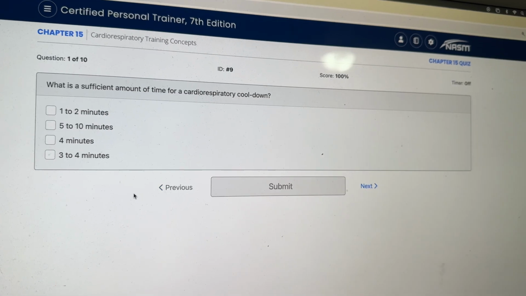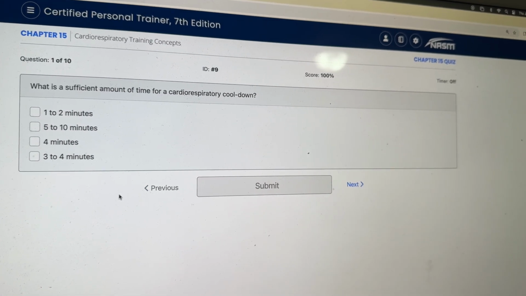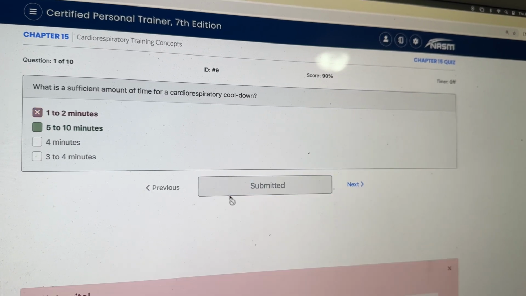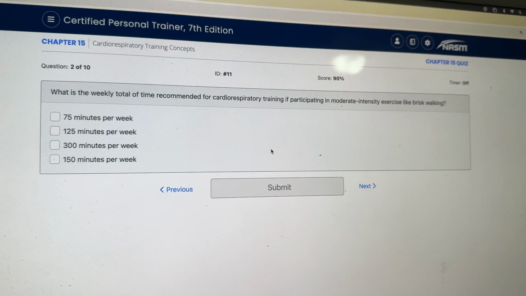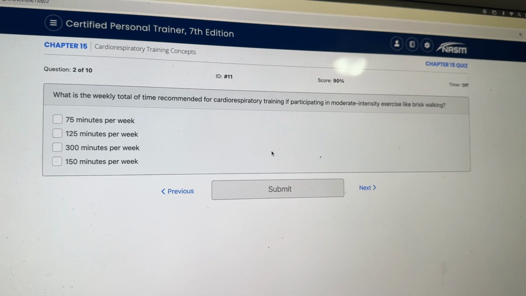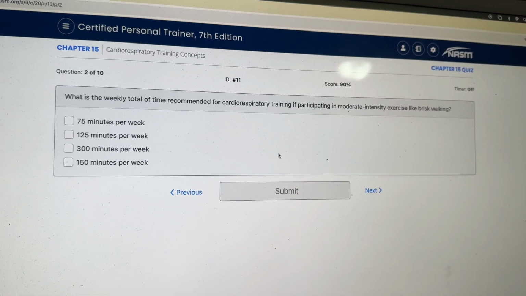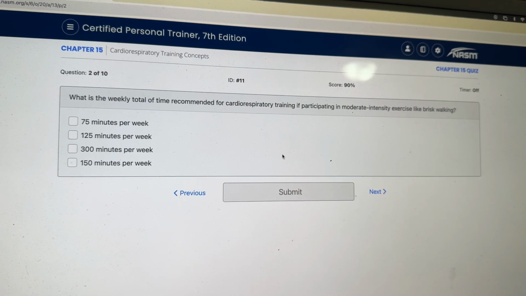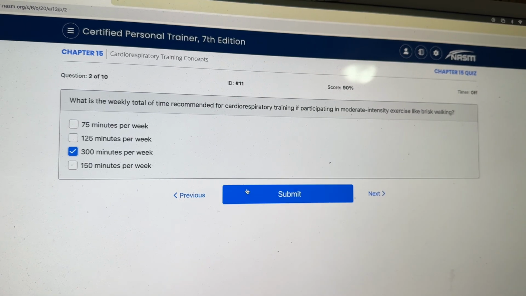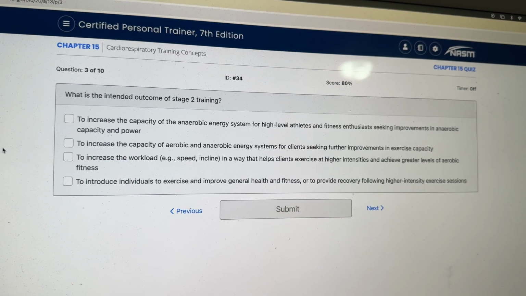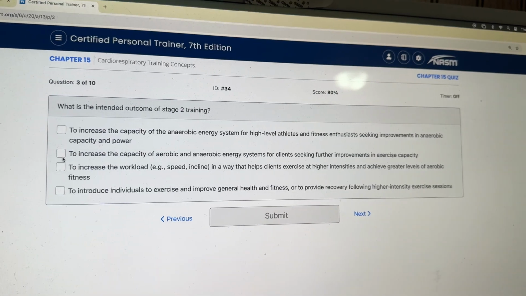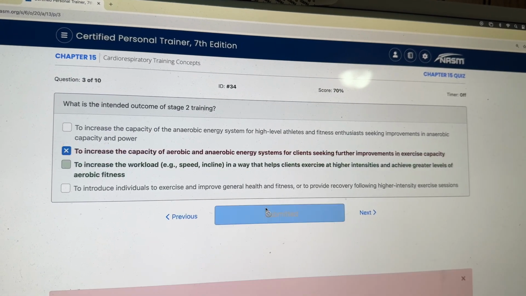Here we go. What is a sufficient amount of time for cardiorespiratory cooldown? What is the weekly total of time recommended for cardiorespiratory training if participating in moderate intensity exercise like brisk walking? All right. What is the intended outcome of stage 2 training? I'm going to say it's this one, but it could be this one too. Damn it.